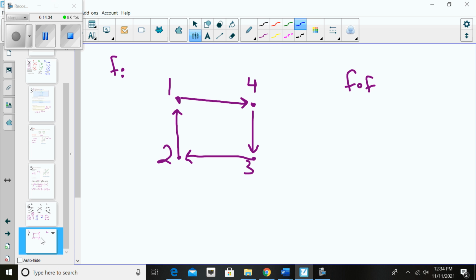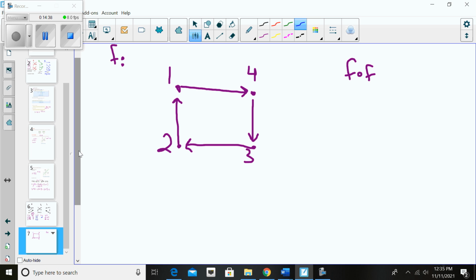In this example, I just showed the function in a different form, with an arrow diagram like this. If you'd rather rewrite this function, it's mapping from the set 1, 2, 3, 4 to the set 1, 2, 3, 4.